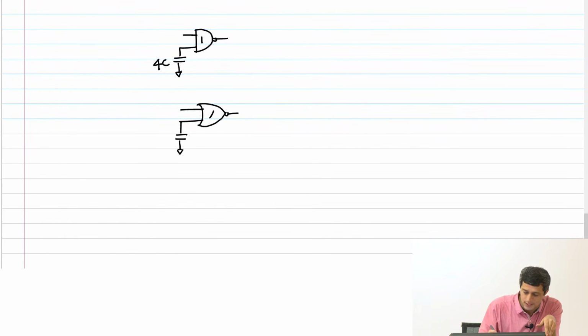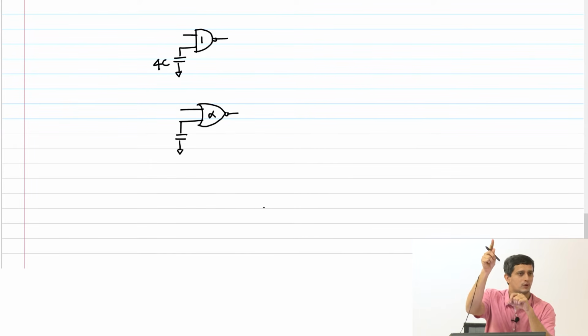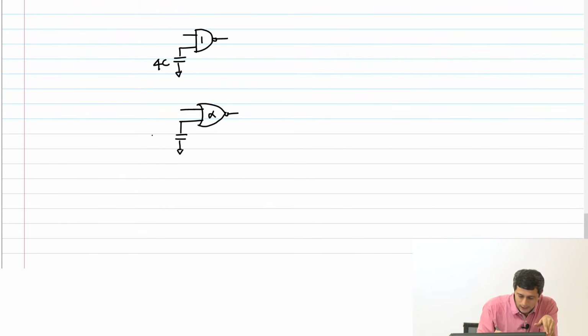I am going to upsize this by a factor of alpha. What's the input capacitance of this NOR gate? 5 alpha C, because a NOR gate has transistor sizes 1, 1, 4, 4. So each input sees a capacitance of 5C, and if I upsize by a factor alpha, I will get 5 alpha C.